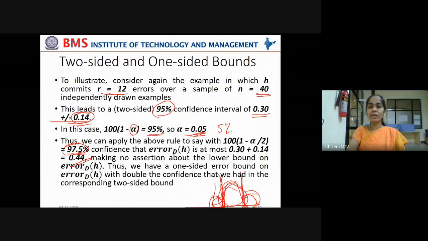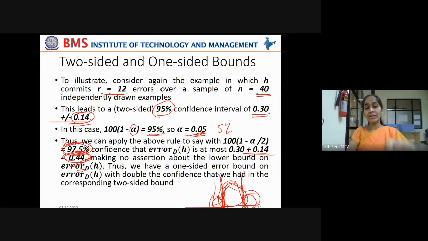Making no assertion about the lower bound on this true error. On the upper bound, it falls within this interval, 0.44. And on the lower bound, you're not making any assertion because you have released the bound. You have made it flexible. It can take any lower value, but on the upper bound, it should not cross 0.44 based on the interval calculated.